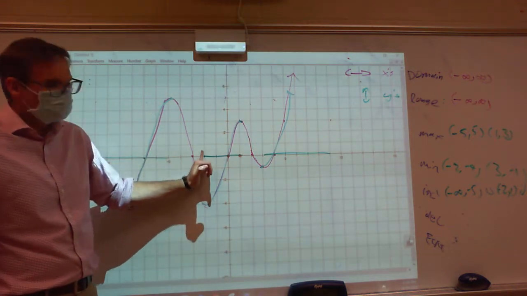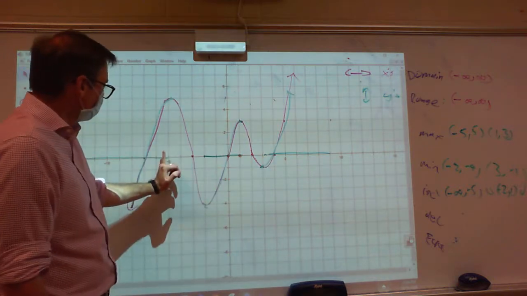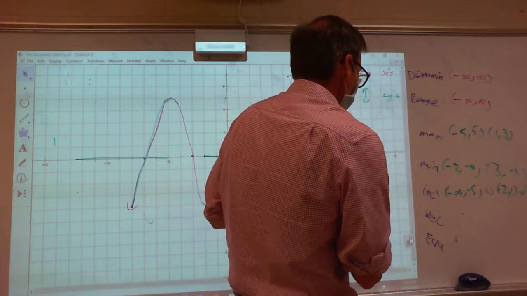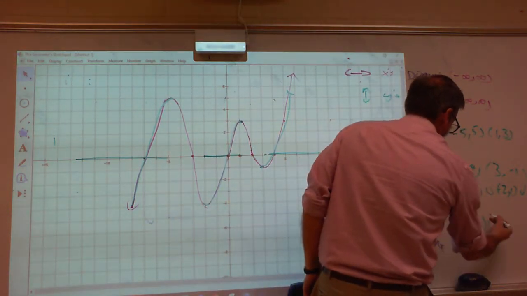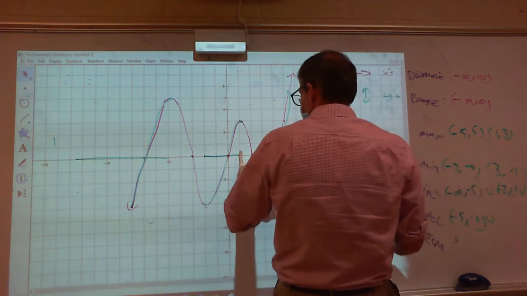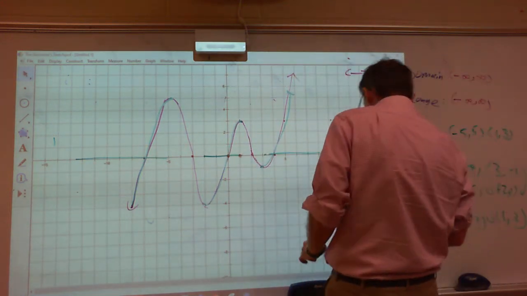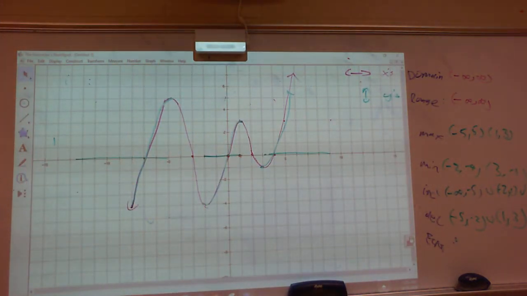So from here to here is decreasing, from here to here is decreasing. So it's from -5 to -2, and then from 1 to 3. We okay with that?